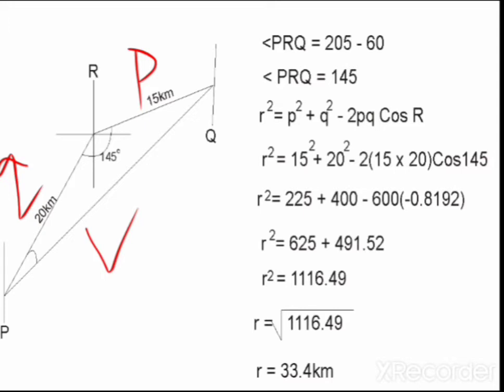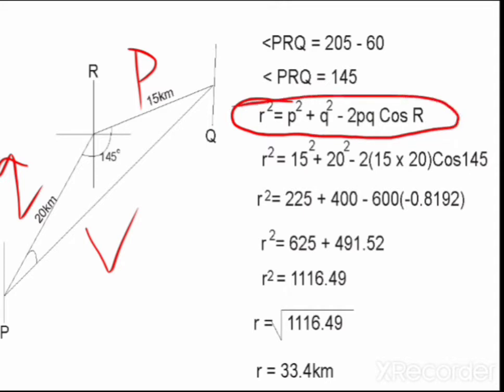The cosine rule states that r squared, the unknown side we are looking for, is equal to p squared plus q squared minus 2pq cos R.